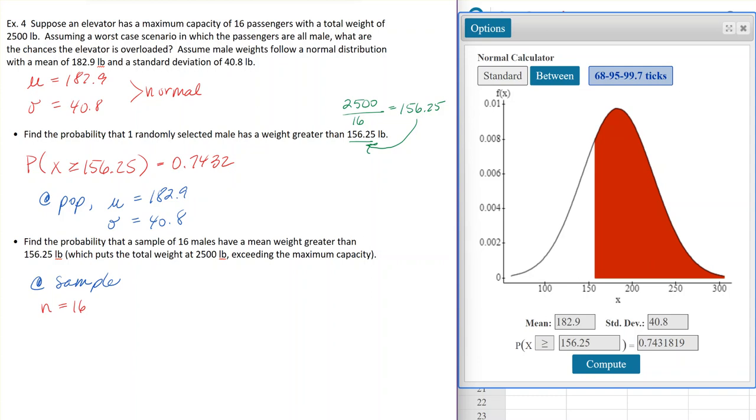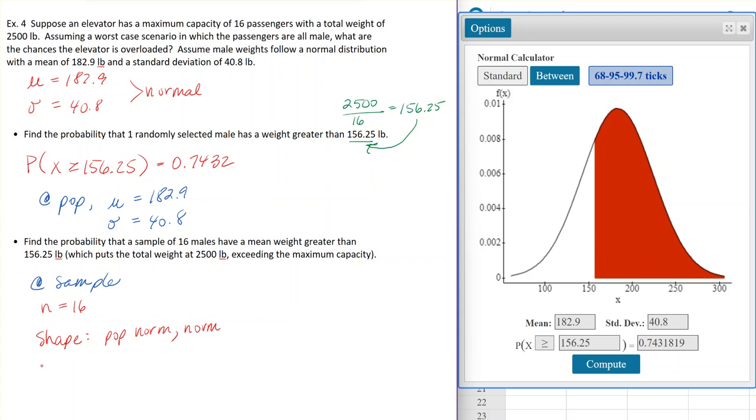And now we want to apply our normal model. So we want to make sure that we have met the criteria for the shape. So the shape of our sampling distribution? Well, it comes from a population that's normal, so the sampling distribution will also be normal.